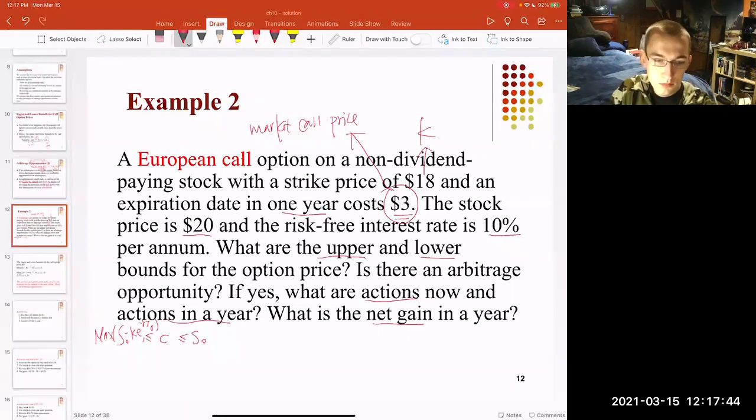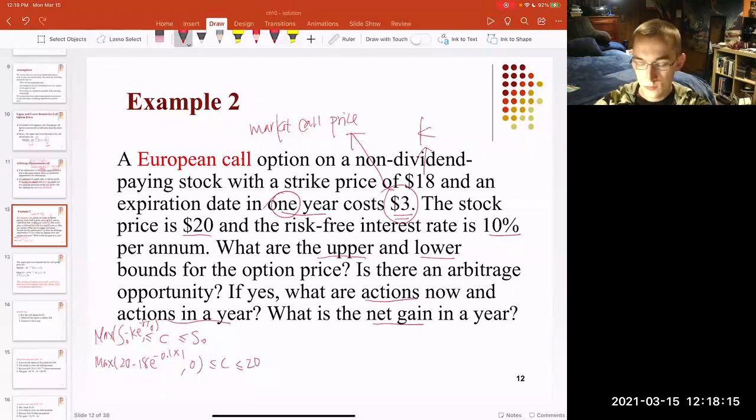So we know the stock price is 20, strike price 18, and the risk-free rate is 10%. What is T? T is 1 year, right? So time 1, and compare with 0. Here I give you the lower bound and the upper bound formulas. Can you calculate that?